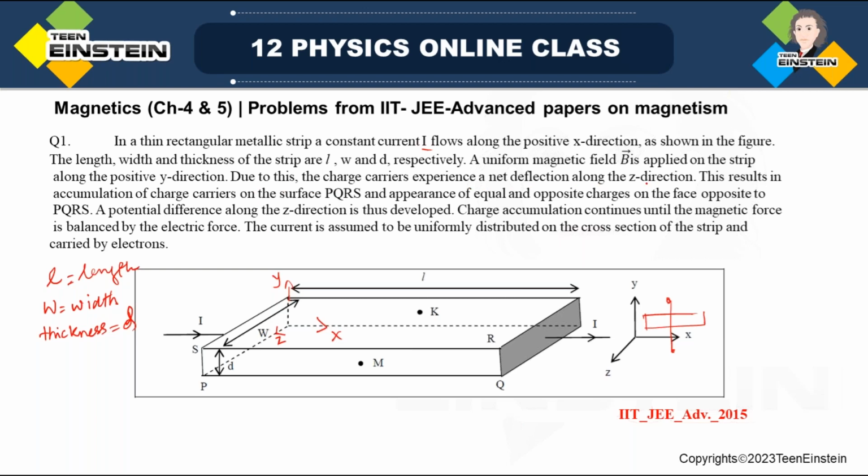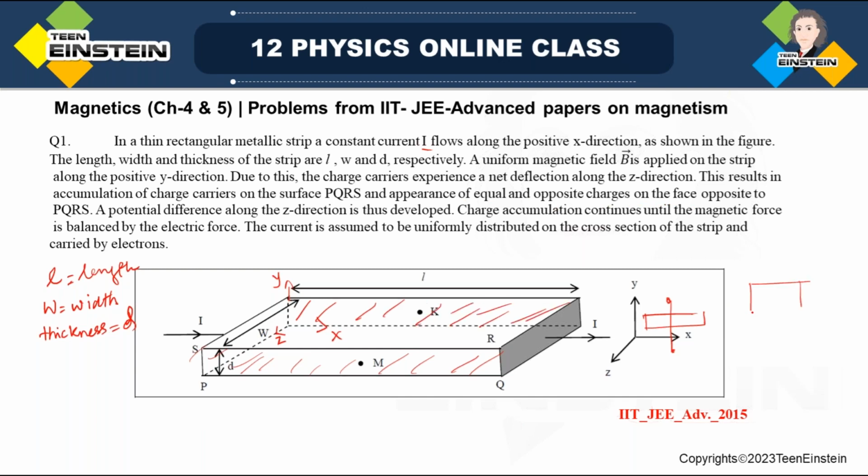This results in accumulation of charge carriers on the surface PQRS, and appearance of equal and opposite charges on the face opposite to that.